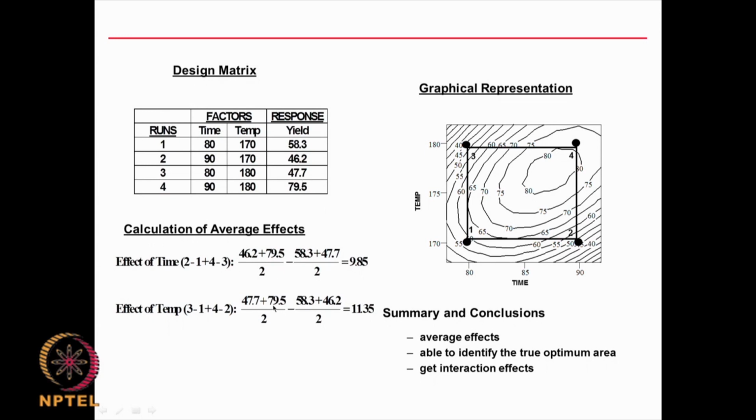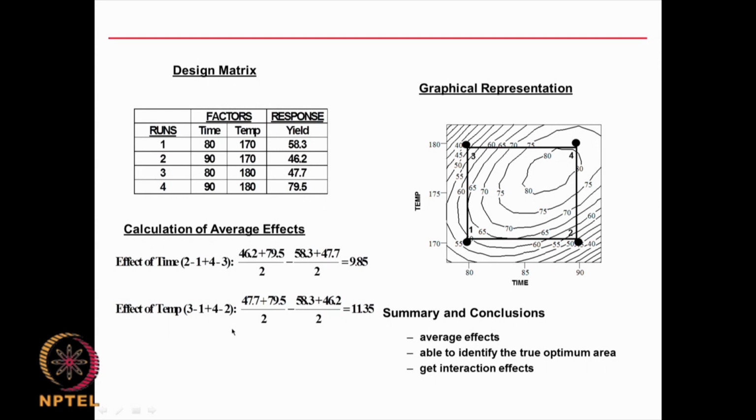So, 47.7 plus 79.5 by 2 minus 58.3 plus 46.2 by 2 gives you 11.35. That means increasing temperature by 10 degrees is increasing my yield by 11.35. Increasing the time from 80 to 90 increases my yield by 9.85.